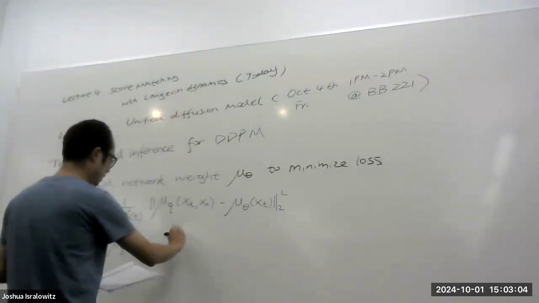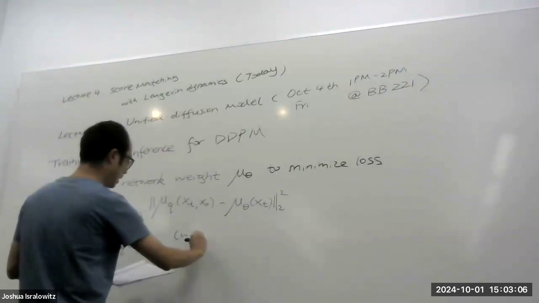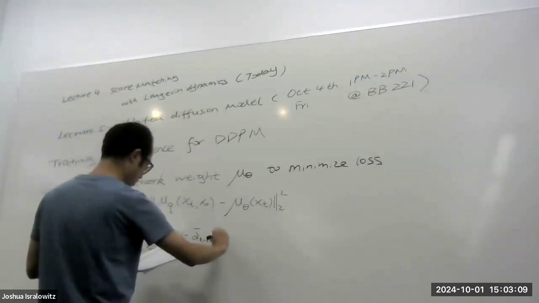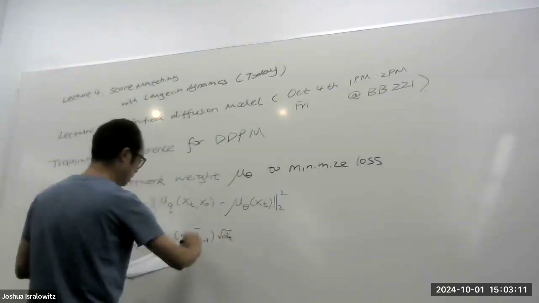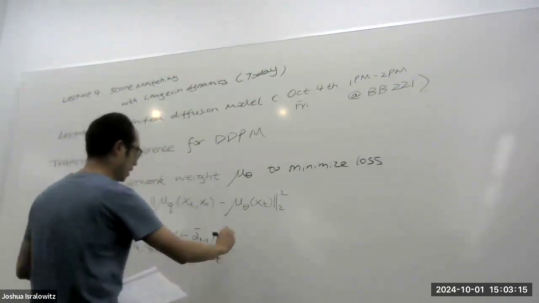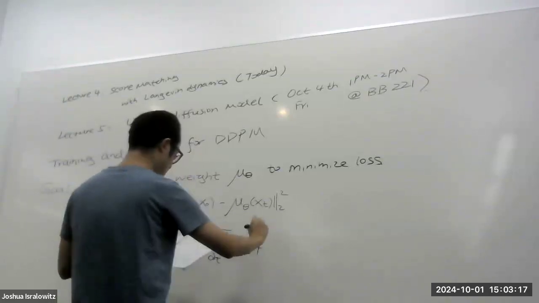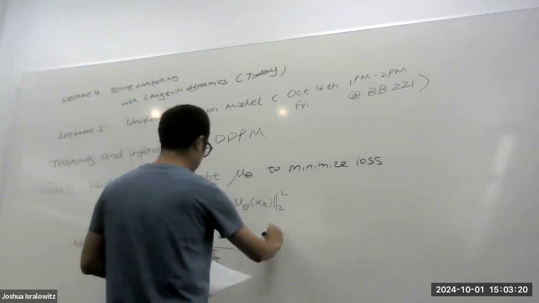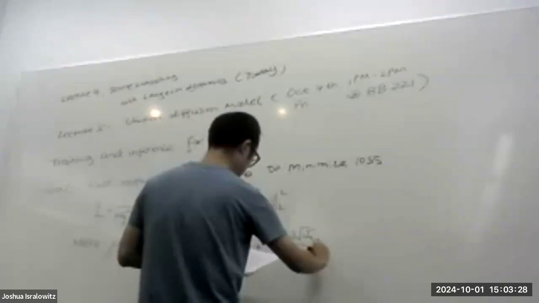So this is something like 1 minus alpha t minus 1 bar, square root of alpha t, divided by 1 minus alpha t bar, xt, plus 1 minus t square root of alpha t minus 1 minus alpha t. Okay. So we did this calculation last time.